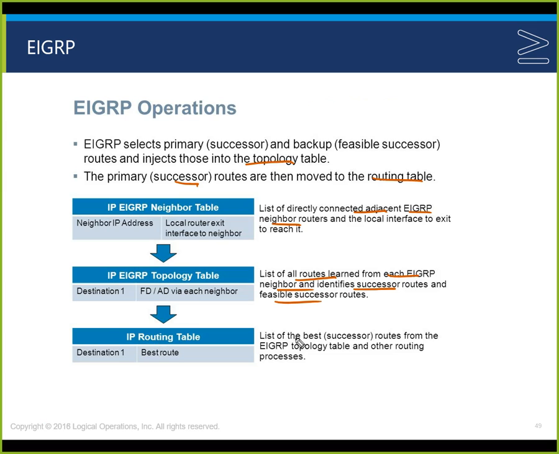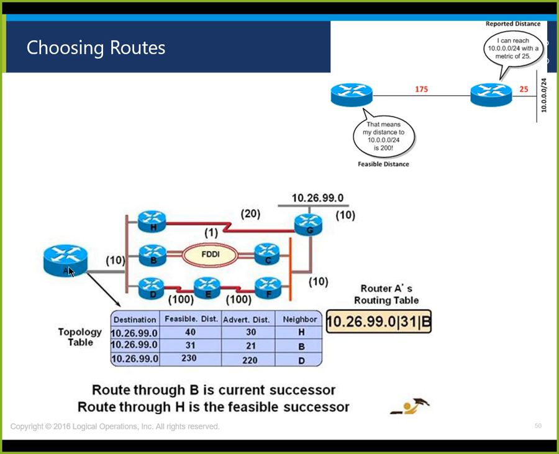And then the IP route lists the successor. The best routes go into the routing table from the topology table. The other routes are still there, obviously, but they are not listed because they're not the best route.